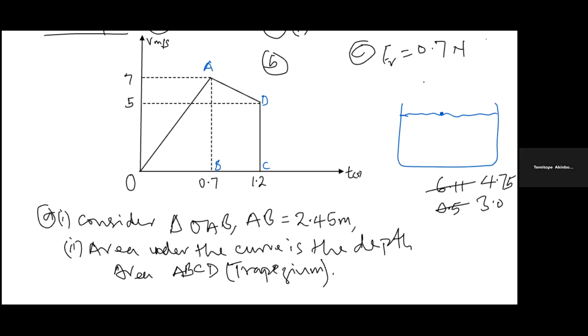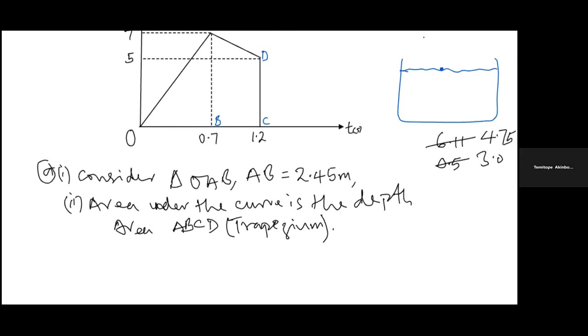Okay. Question B. You have to find the deceleration. I got deceleration to be 4.0 meters per second squared. Okay, let's wait for others.